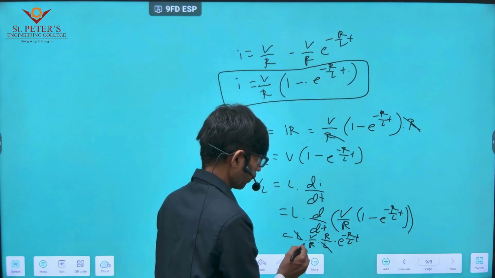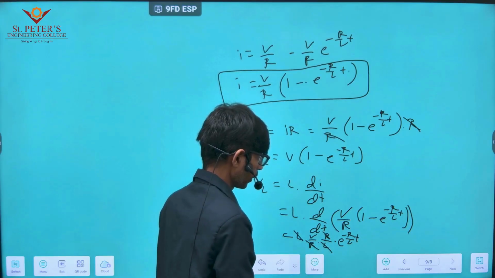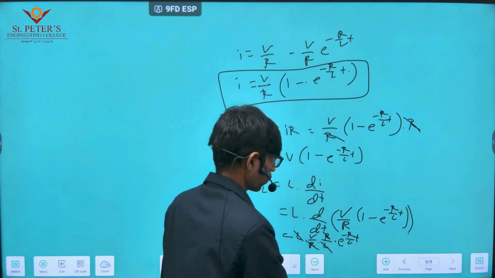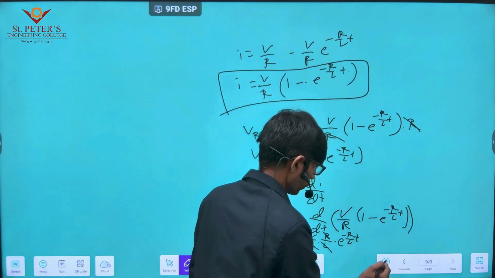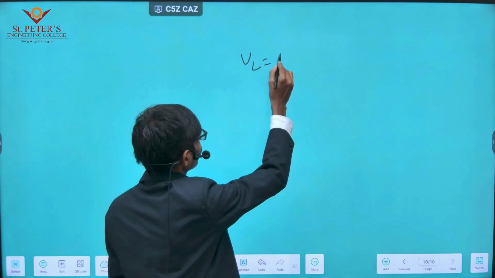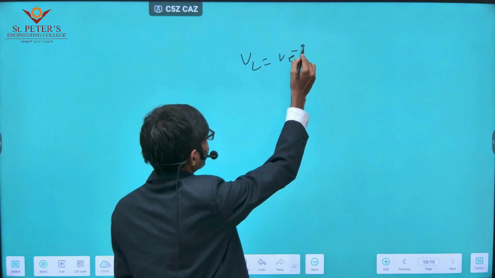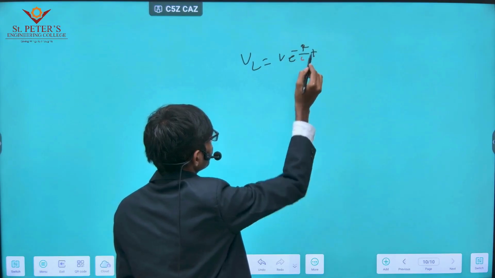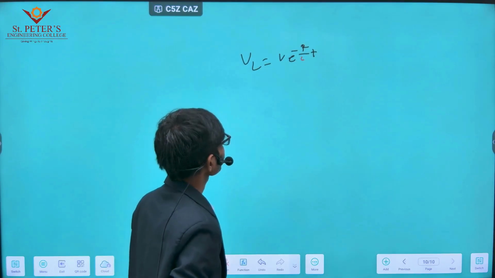So L will get cancelled, R will get cancelled. The voltage across the inductor will be VL equal to V e to the power of minus R by L t.